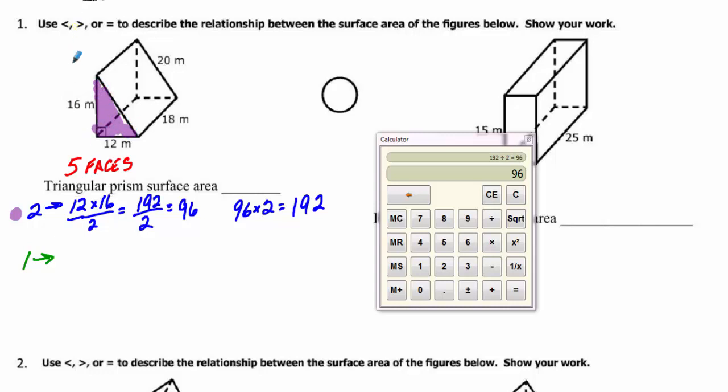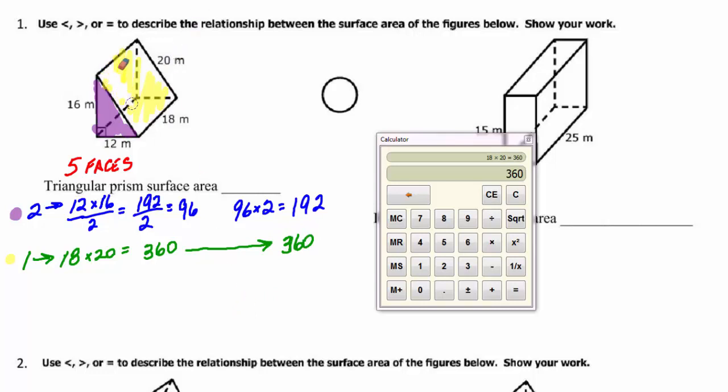So now I'm going to find this face, and that face is base times height, 18 times 20. 18 times 20 is 360, and there's only one like that, so I'm going to bring that 360 all the way over.